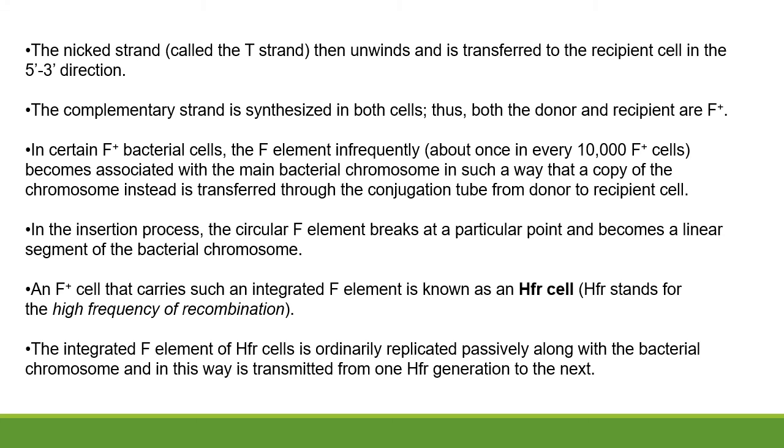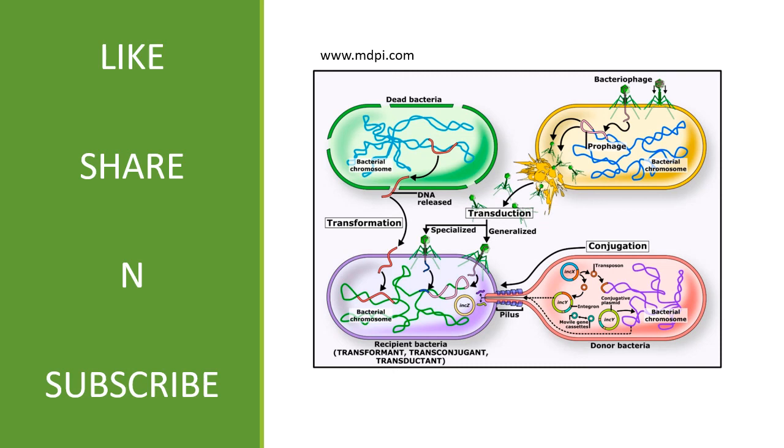So this was about conjugation, and we have covered transformation and transduction as well. You can see here from a dead cell a free DNA fragment is released into the environment, and can be taken up by transformation by a bacterial cell which is competent.